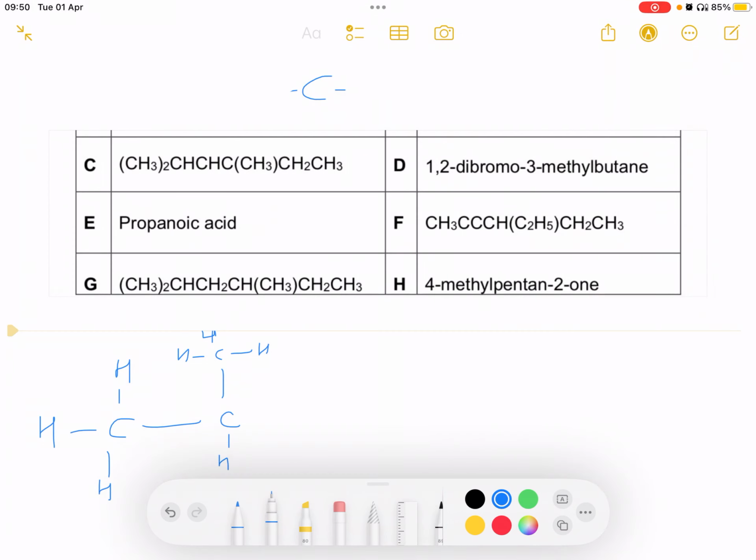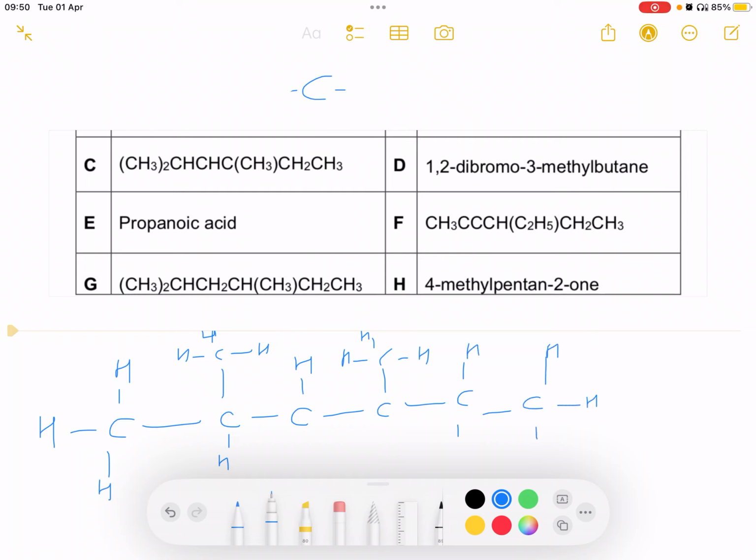And that CH is also attached to a carbon bonded to a hydrogen that is bonded to a carbon bonded to a CH3 that is attached to a CH2 and attached to a CH3.